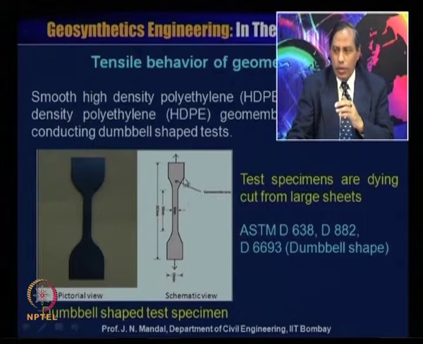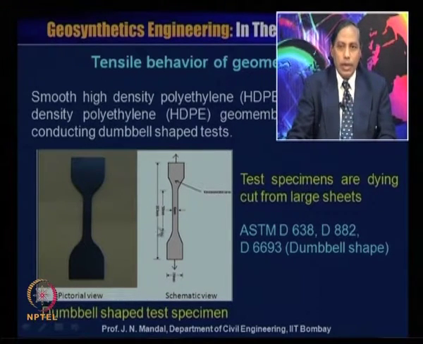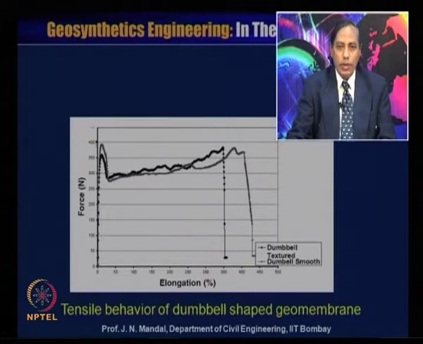So this you can see that is 350. So you can see that all dimensions are given here as per ASTM D638, and then you can conduct this test in a universal testing machine, and you can calculate what will be the tensile strength of the geomembrane.